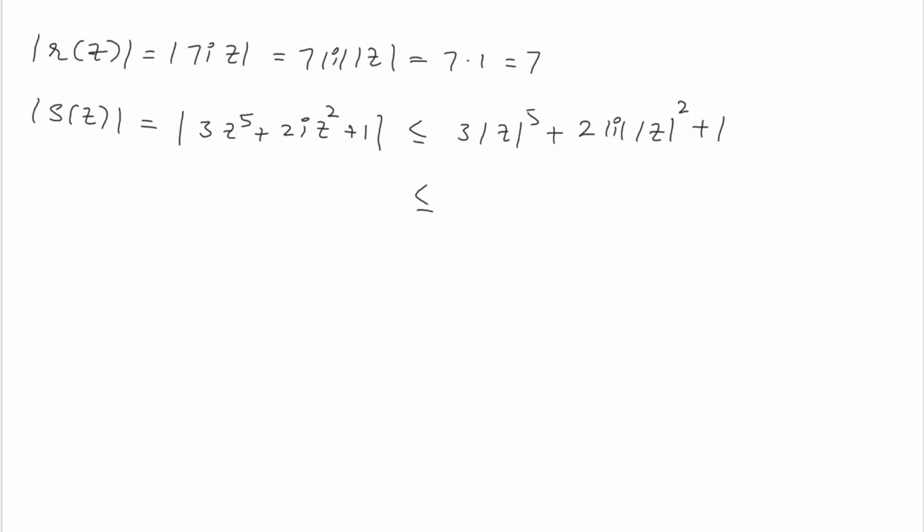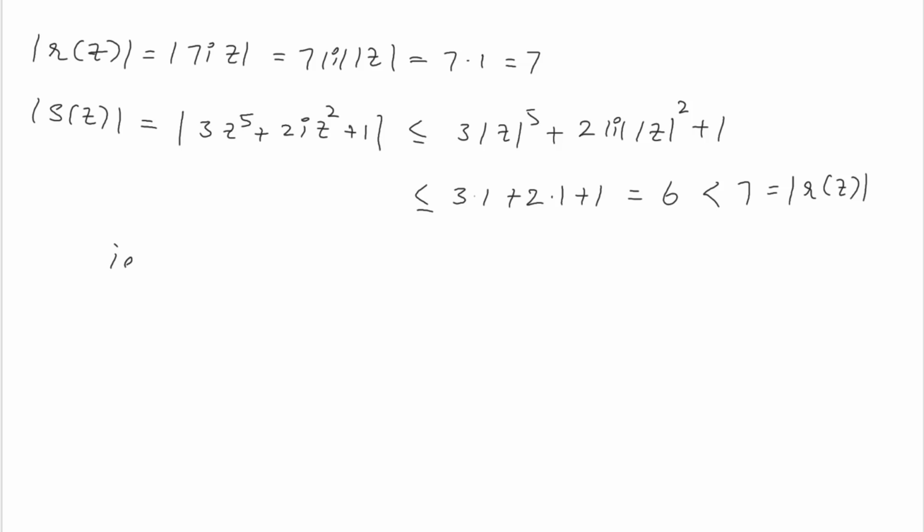Since our circle is mod z equal to 1, I'm just replacing mod z with 1. So in total we get 3 times 1 plus 2 times 1 plus 1, that is equal to 6, which is less than 7. That is nothing but the absolute value of the function r of z.